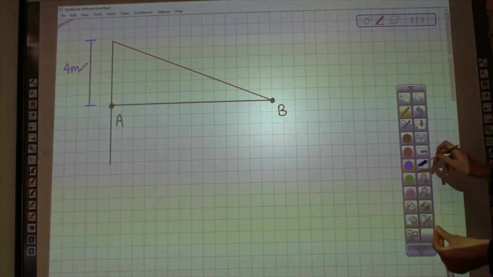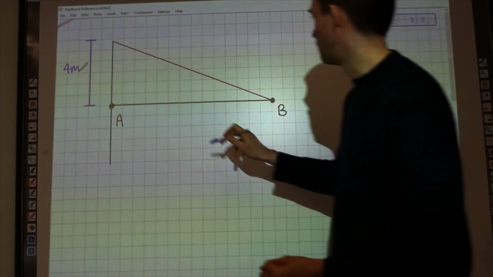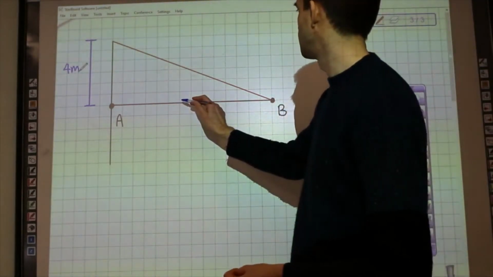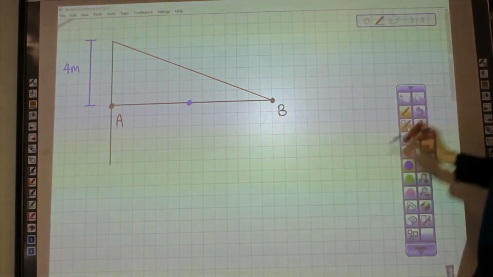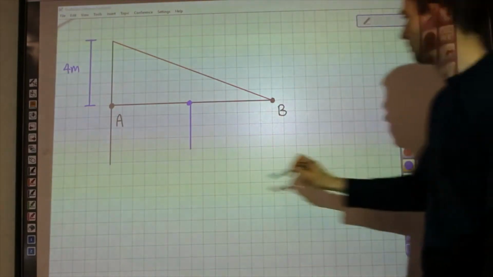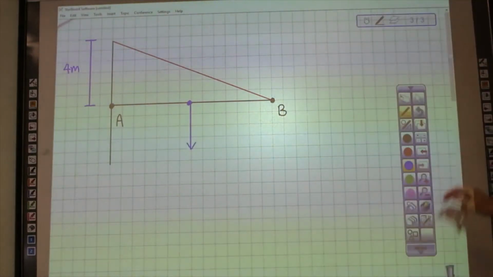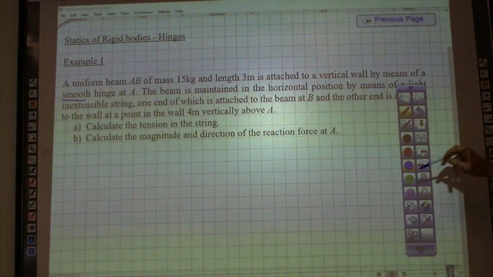Now, we were told that the plank is uniform, so we can say that its weight acts at the centre. I believe, if memory serves, that the mass was 15 kilograms and 3 meters. There we go, just so I didn't get that wrong.